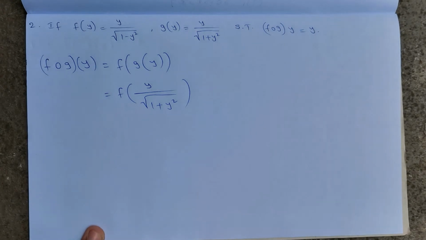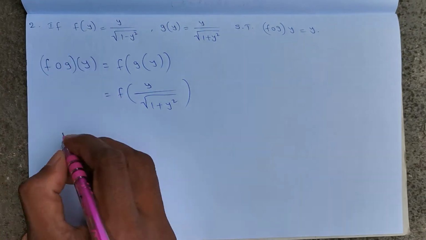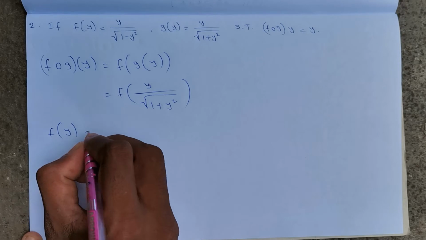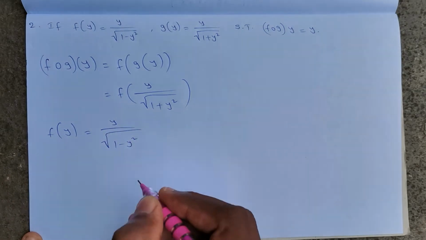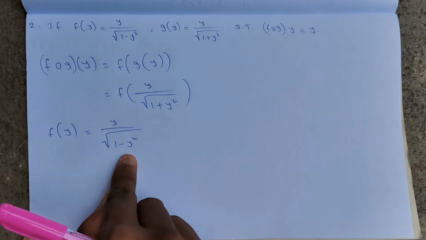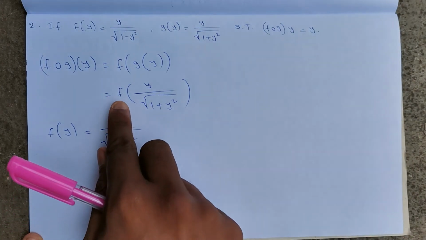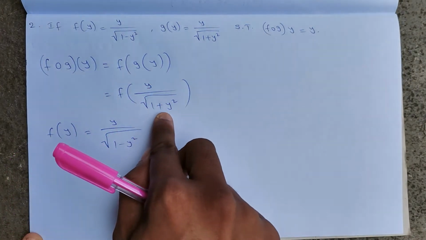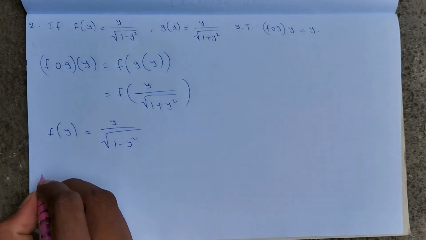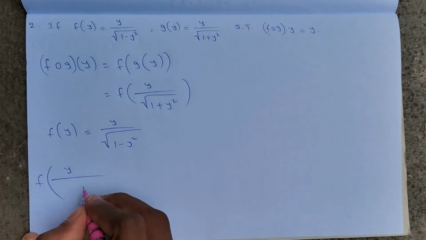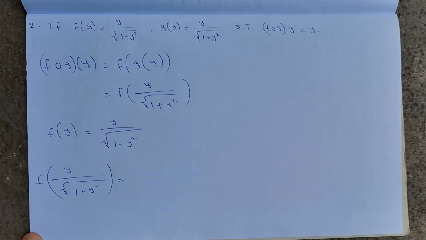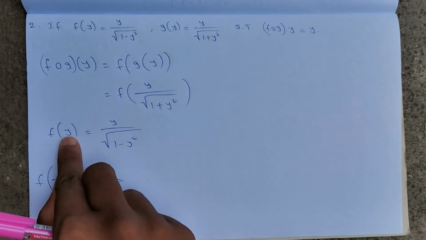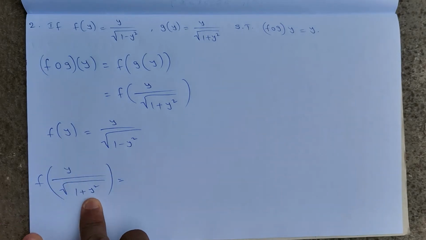So now in the question, f of y value is given as y by under root 1 minus y square. Then he is asking to find the value of f of y by under root 1 plus y square. So here simply in the place of y we need to substitute this total.